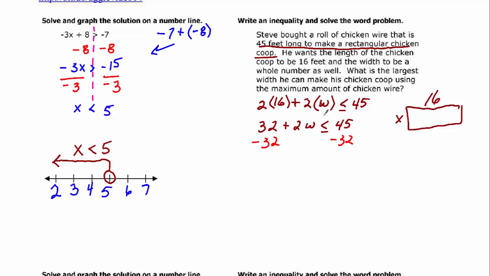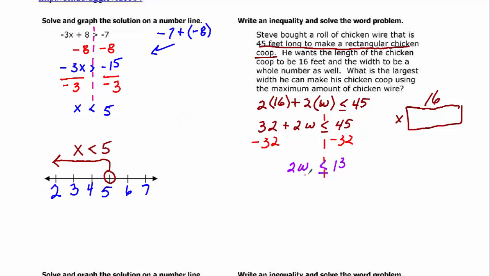Okay, in fact, let's give us that reminder. Whatever we do to one side, we do to the other side. So we get rid of the 32, and that leaves us with 2w is less than or equal to 45 take away 32, which is 13.